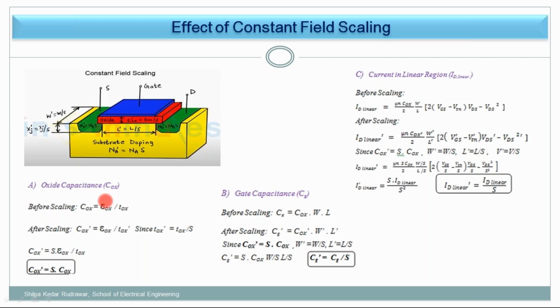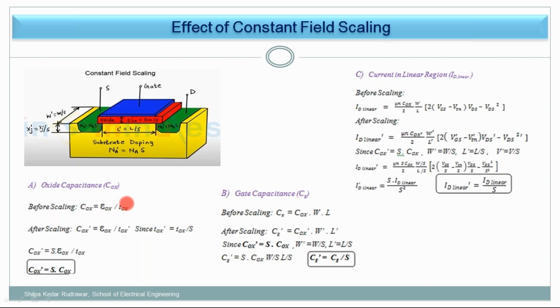We have the value of Cox before scaling, and we know the value of Cox after scaling will be denoted by dash. The equation is what you need to remember. What is the meaning of Cox? It is nothing but the permittivity of oxide divided by Tox.